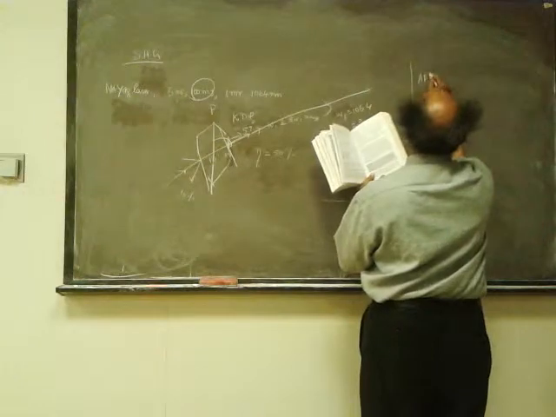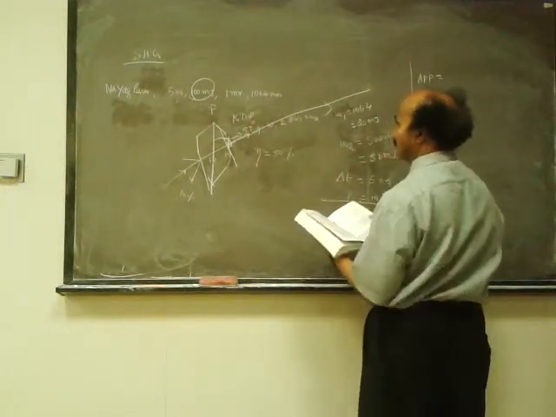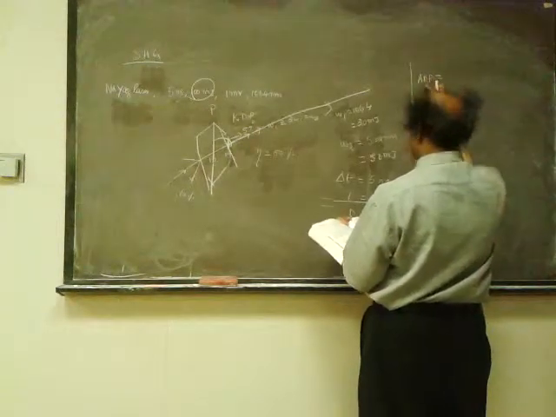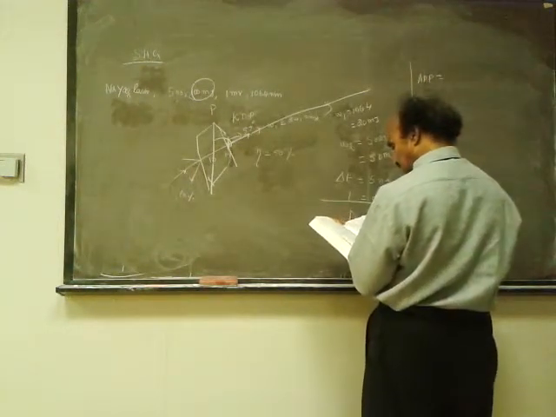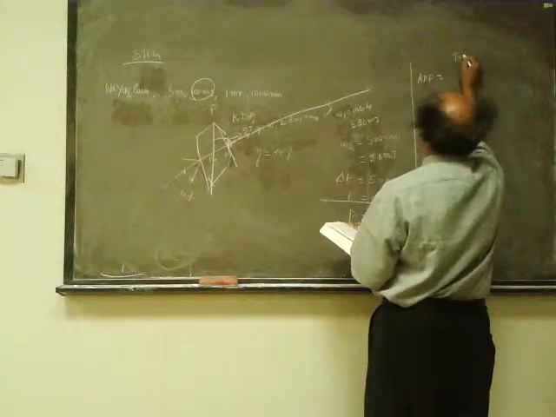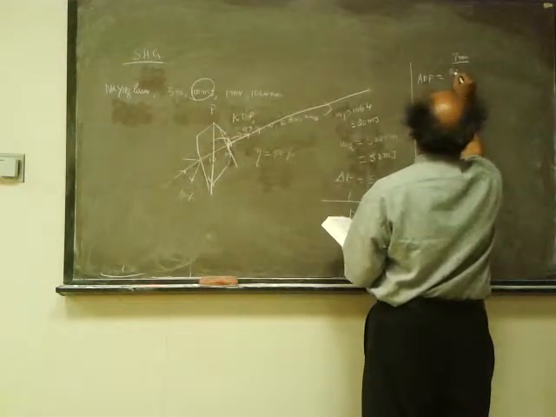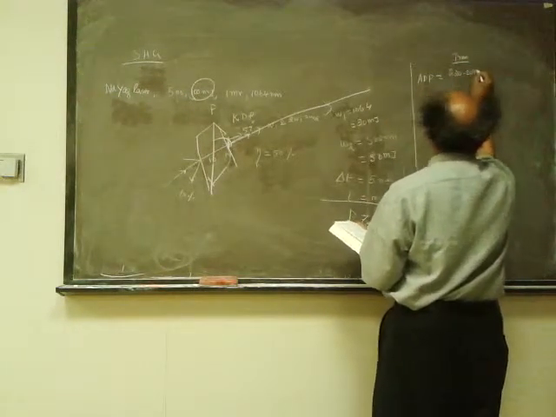Another crystal, ADP crystal. This is potassium dihydrogen phosphate. This is ammonium dihydrogen phosphate. This is best. I shall come to this one. 220 to 2000 nanometer.